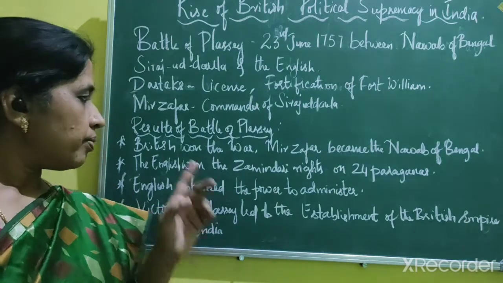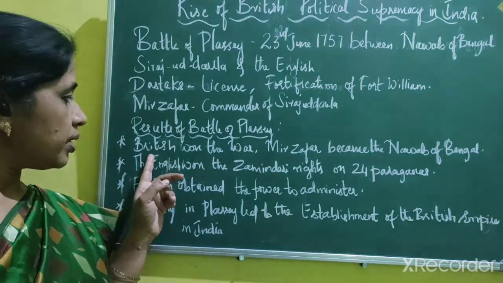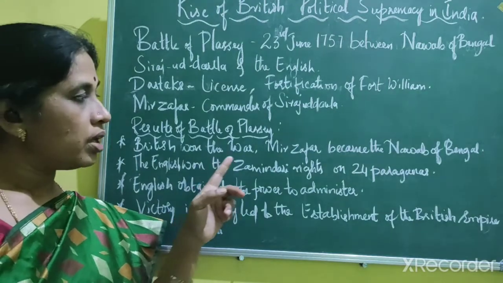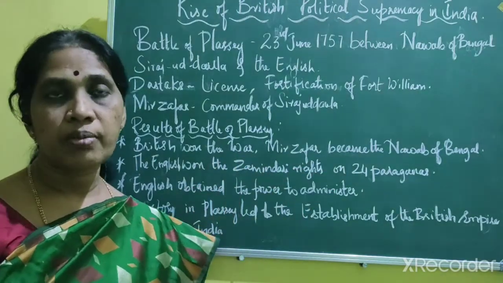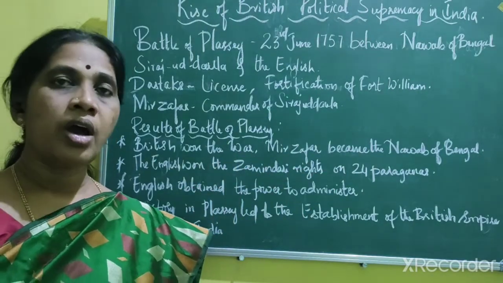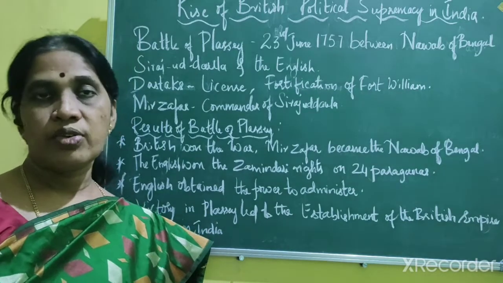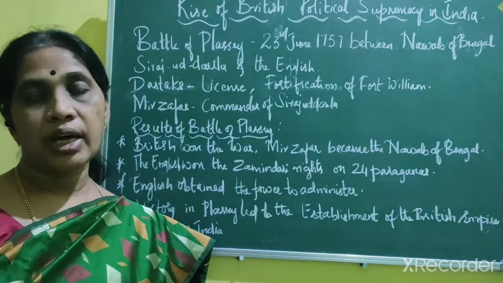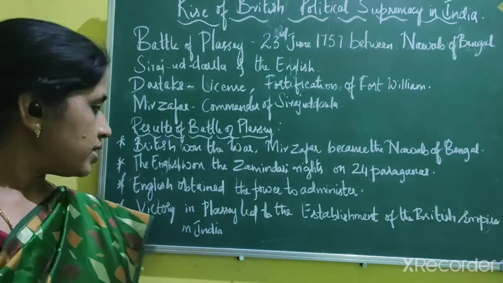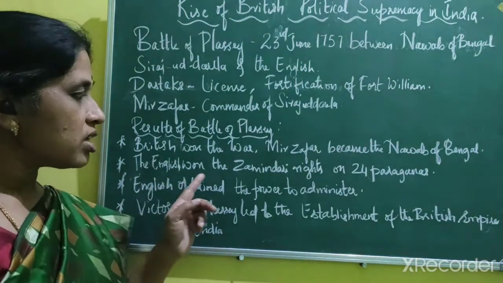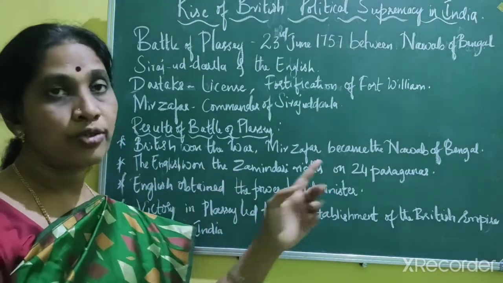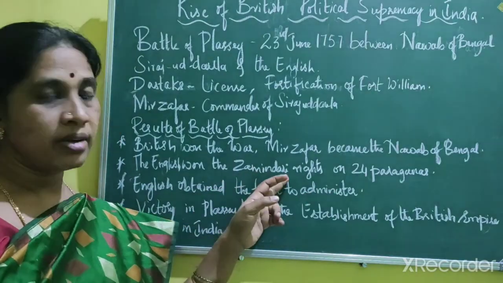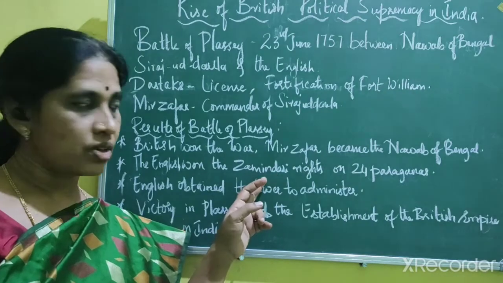First result, the British won the war. Then Mir Zafar became the Nawab of Bengal, but he became a puppet in the hands of the British. Secondly, the English won the Zamindari right on 24 Paraganas. Zamindari right means the right to collect taxes.